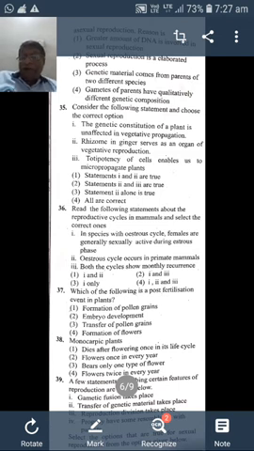Monocarpic plants dies after flowering once in its life cycle. Flowers once in every year. Bears only one type of flower. Flowers twice in every year.